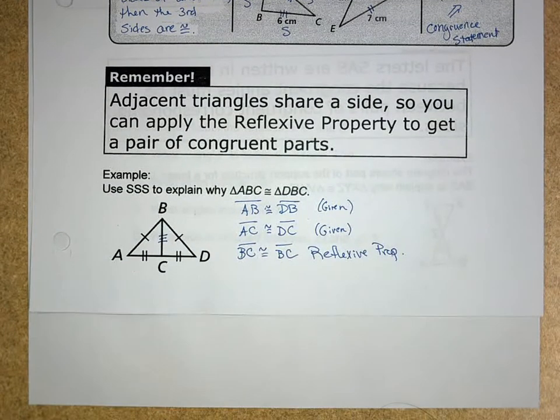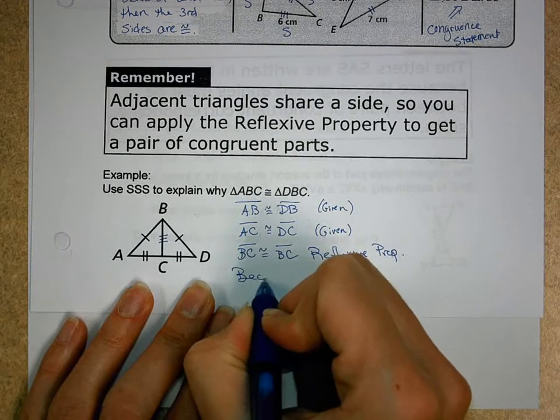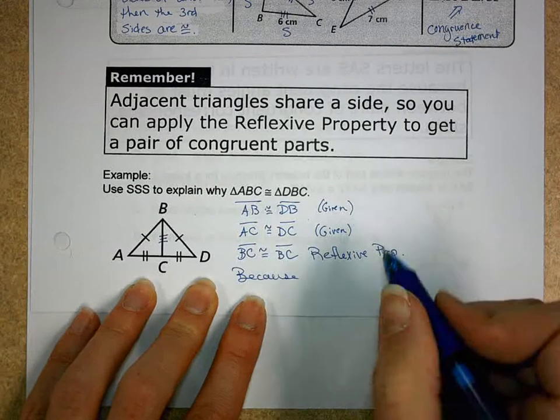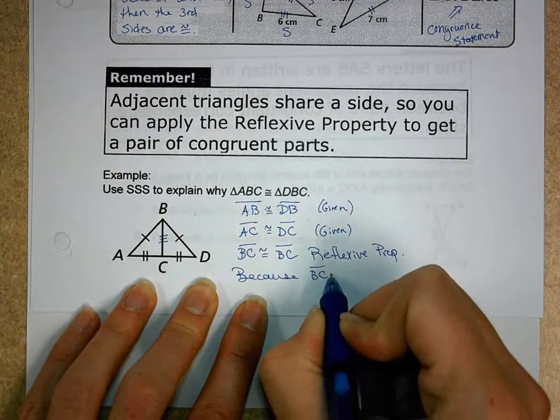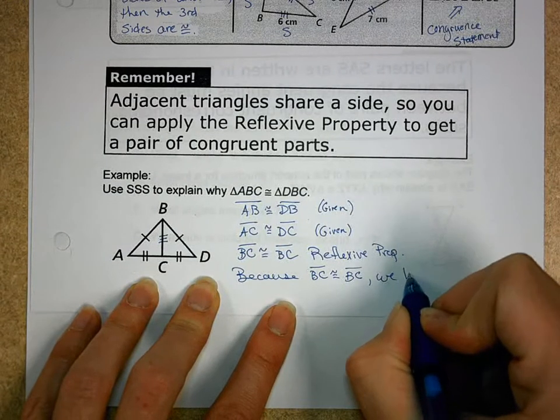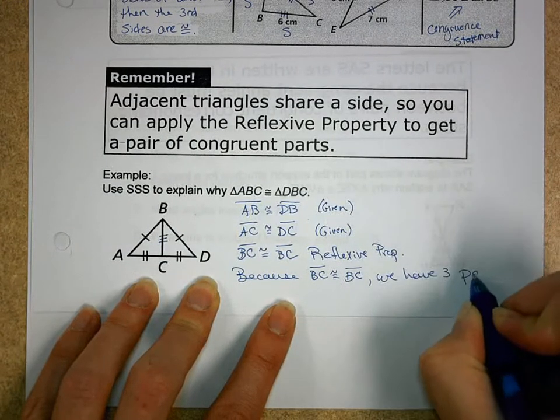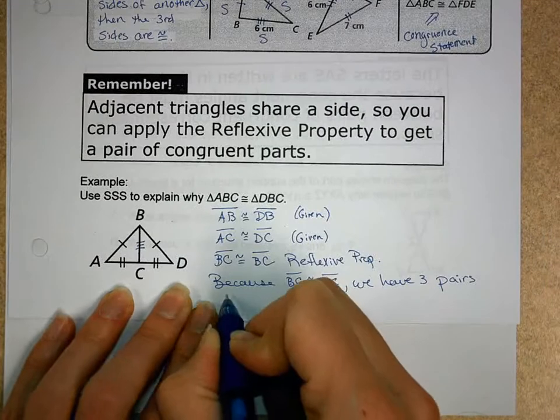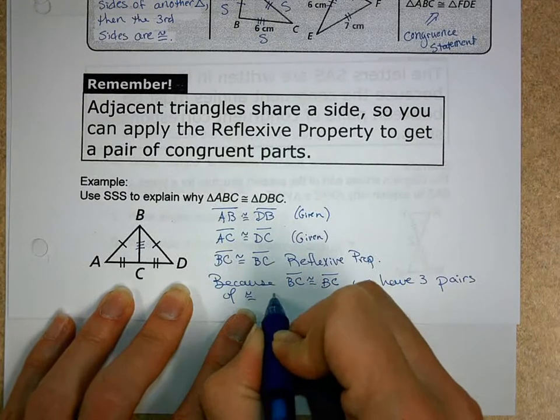So the cool thing with that is now we can say, because segment BC is congruent to segment BC, we have 3 pairs of congruent sides.